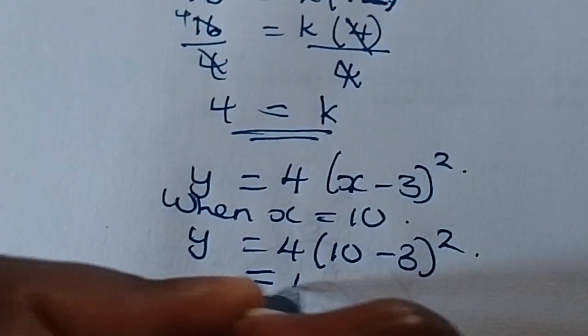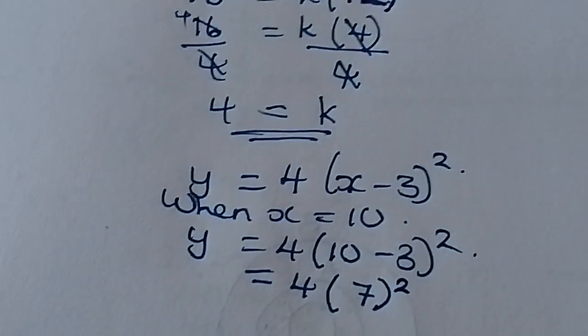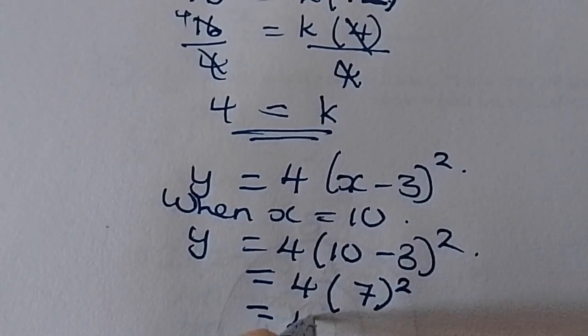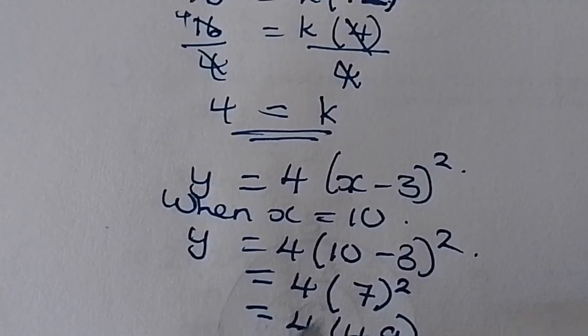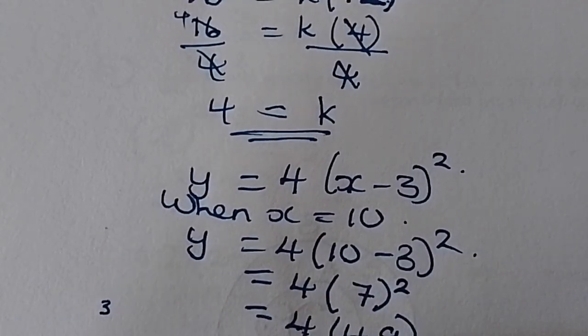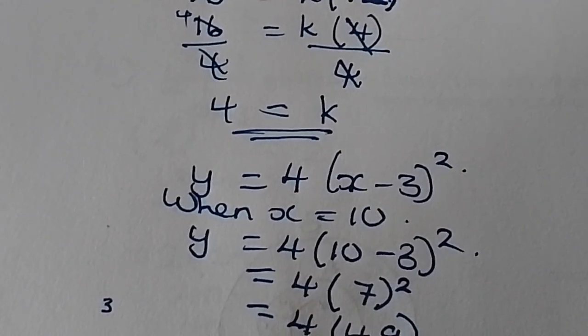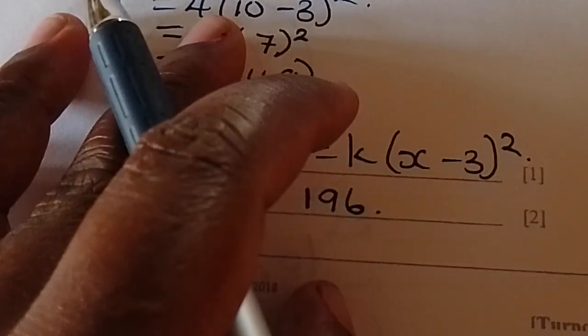So this is equal to 4. 10 minus 3, it's 7 squared. Then this is 4 times 49. 4 by 9 is 36. Carry 3 there. 4 by 4, 16 plus 3. So it's 196. So y is 196. That's that for number 10.